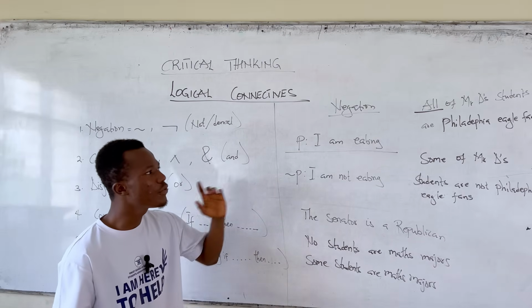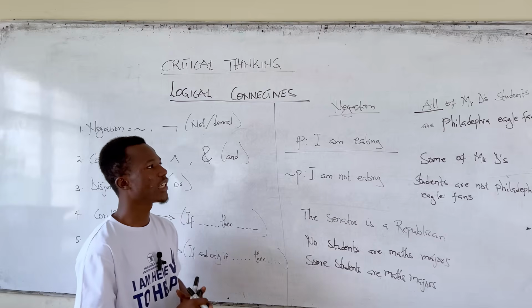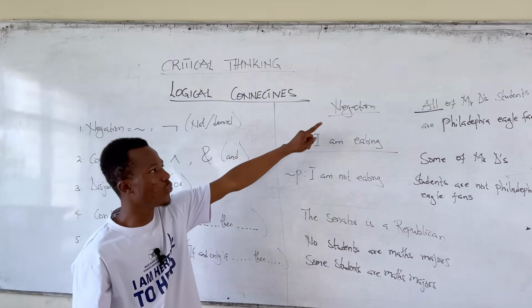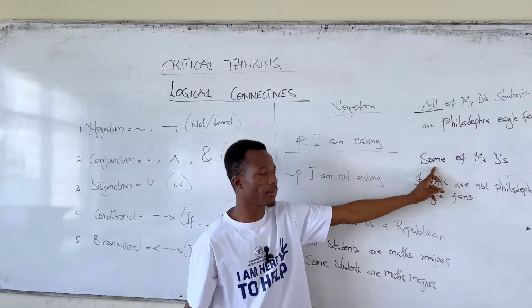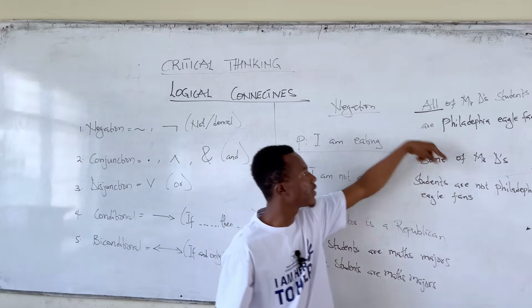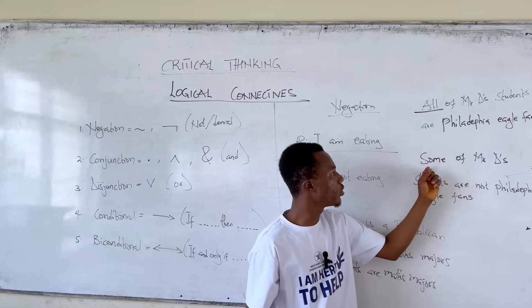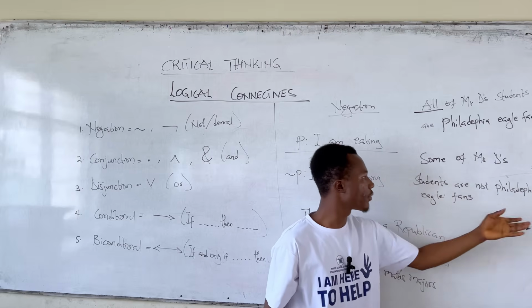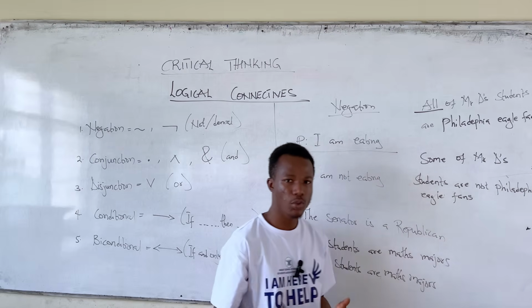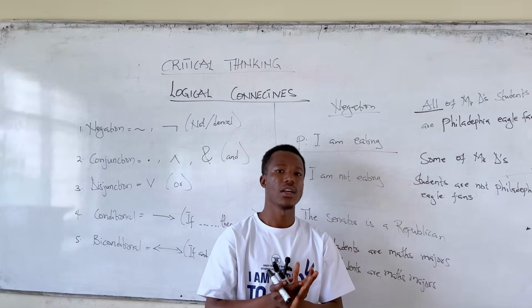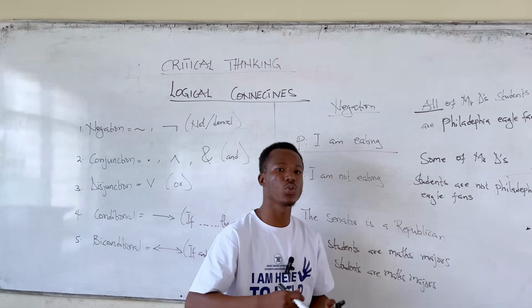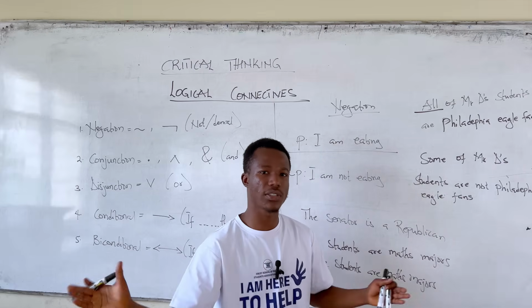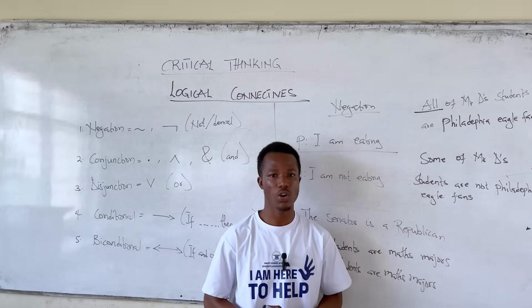So, if you want to negate it, because it is considering everyone, we negate it by saying what? Some, right? Then, because you are saying some, you would have to say some of Mr. D students are not Philadelphia Eagle fans. Because you are telling me all of them are Philadelphia Eagle fans. So if I want to counter or oppose, what I would say is that some of them are not Philadelphia Eagle fans. I hope you get it.